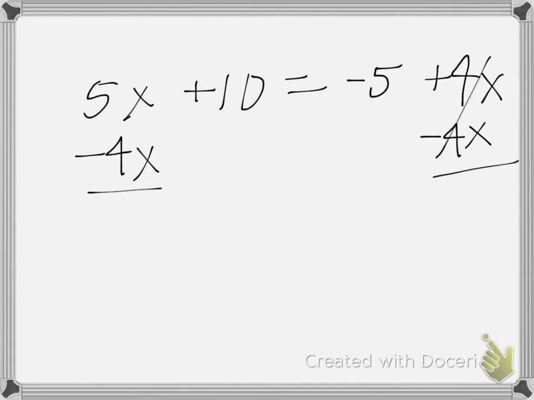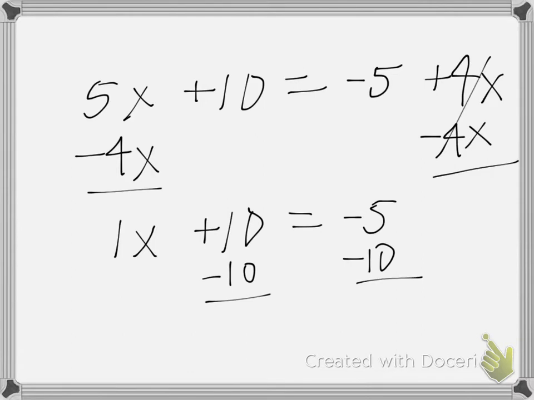So right here we get 1x plus 10 equals negative 5. So right here, how do we move this to this side? We have to subtract 10, subtract 10. Now we have 1x equals negative 15.